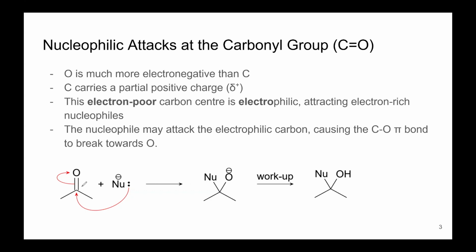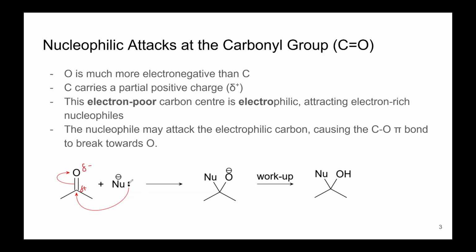In this case, the carbon is partially positive charged, and the oxygen has a partial negative charge. So this bond pair would prefer to break towards oxygen than towards carbon.